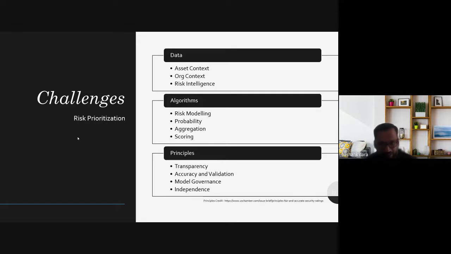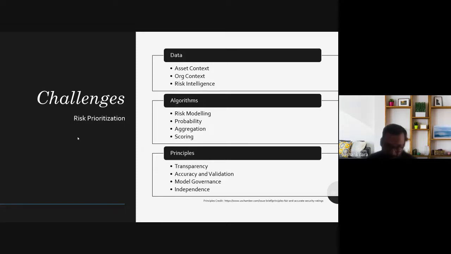They emphasize the need for having a transparent rating system. Accuracy is important because somebody is going to take a decision based on your rating. Right? If you say that, hey, this vulnerability is 90 out of 100, the IT administrator is going to believe you, trust your algorithm, and go and patch it first rather than the other one. So that's the reason why accuracy and validation of these models is important.